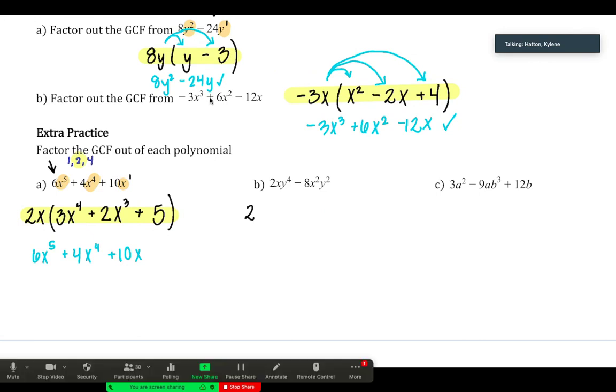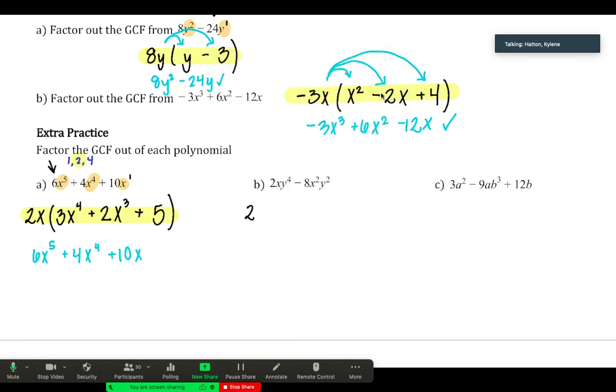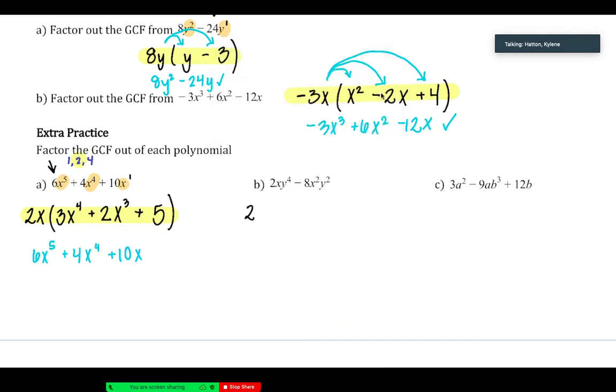Okay, so the greatest number that I can pull out is 2. And then for my variables, I can only pull out the lowest power that each one has. So the first term has an x to the first power and a y to the fourth power, and the second one has an x squared and a y squared.